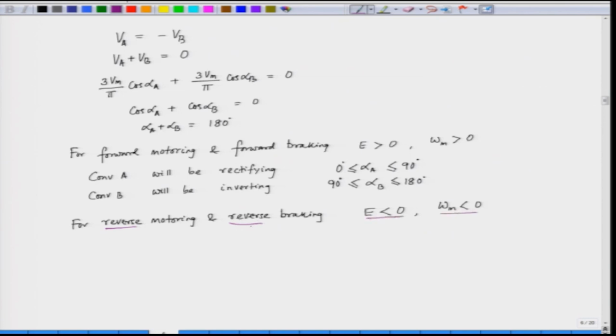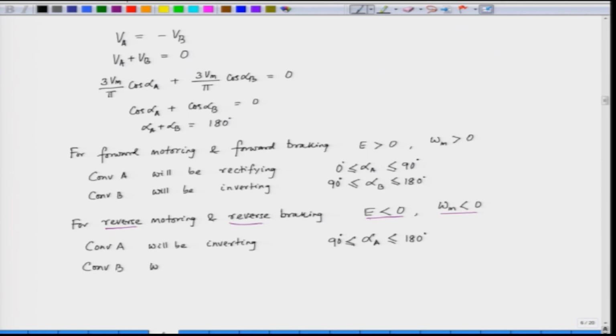Now, if it is reverse motoring and reverse braking, what is the situation of converter 1? So, converter 1 or converter A, output voltage has to be negative. So, it means converter A will be in the inverting mode. So, it means alpha A has to be from 90 to 180. And what about converter B?